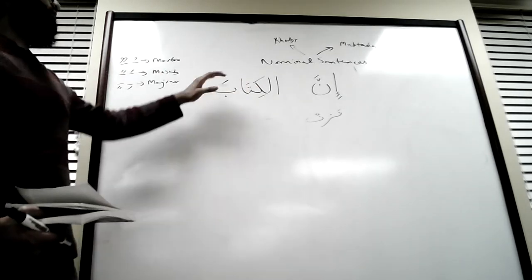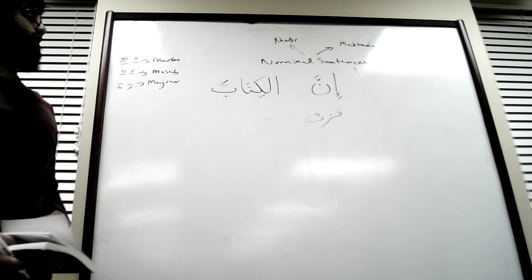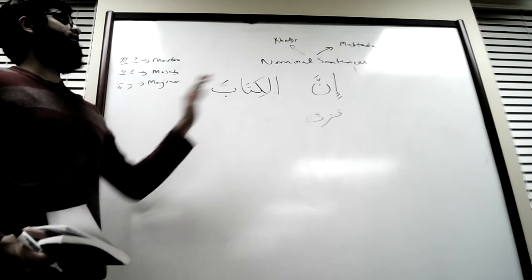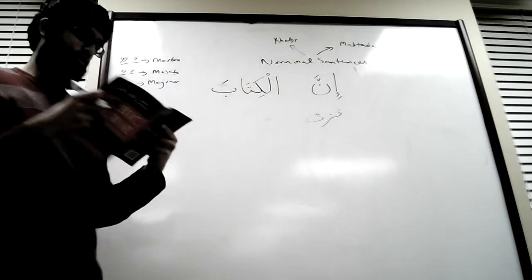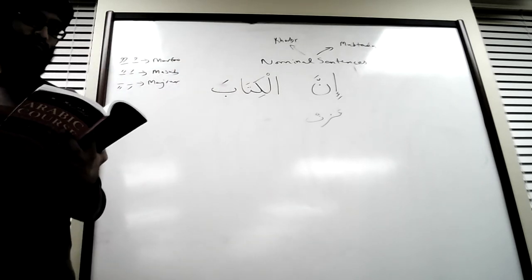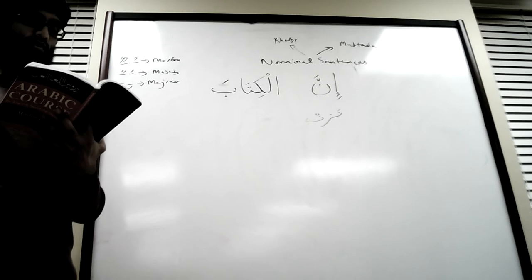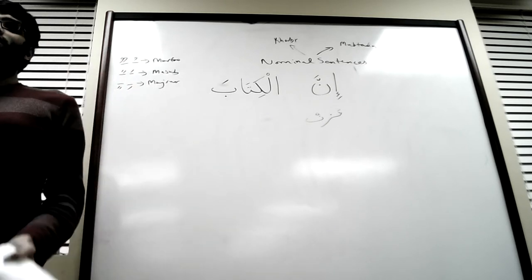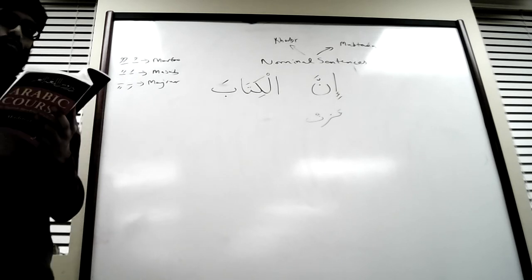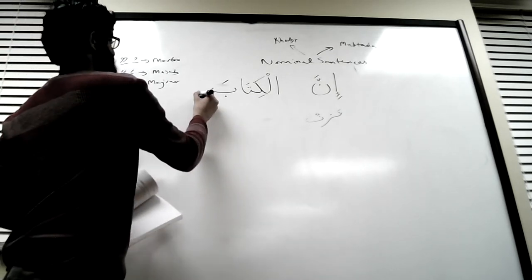It also gets a fatha. So you say innal kitaba. What about the word that follows it? Does it change? Go back to the example, innal kitaba sahlun. Did sahlun change? No, right? So sahlun stays the same.